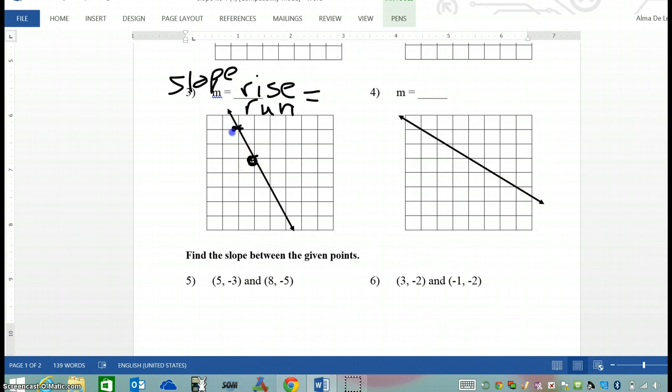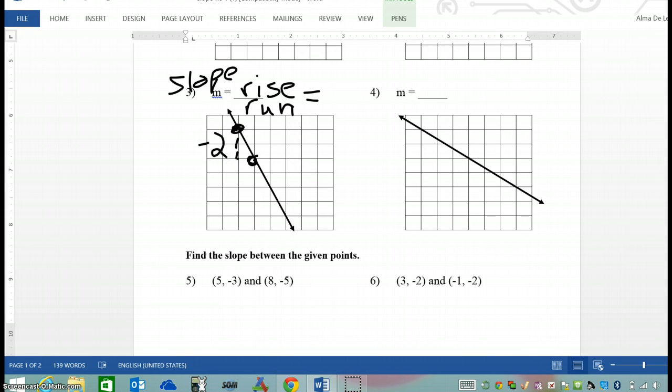Now, just like you would read from left to right whenever you're reading a book, you read from left to right whenever you're looking at a line, whenever you're looking at your points. So, to go from the first point to the second point, I rise -2. In other words, I have to go down 2.